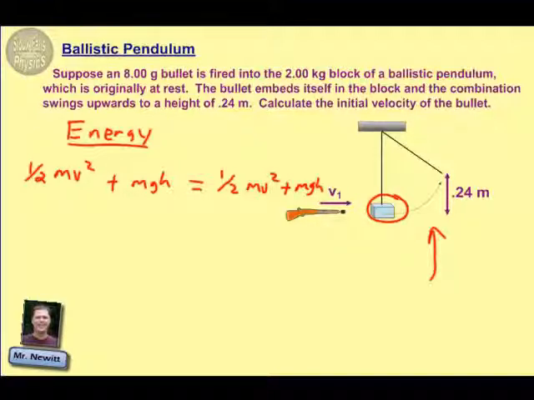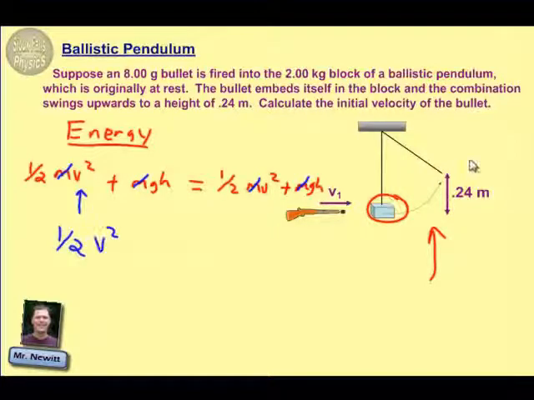To make this a little simpler, if you remember back to conservation of energy, these all contain the mass, and the mass that we're canceling out here would be the mass of the bullet and block together. So we don't need to include those. The goal is for us to figure out the initial velocity that the bullet block combination starts moving at. That's going to be my unknown.